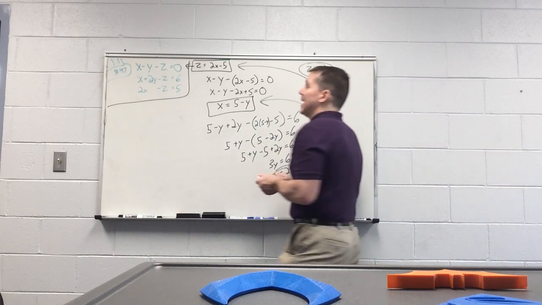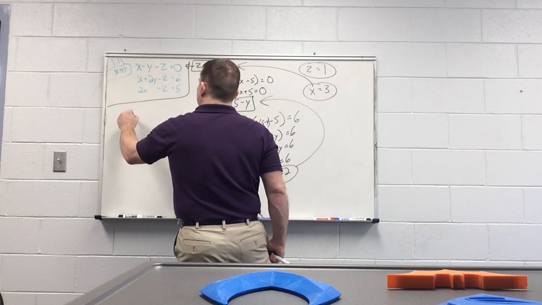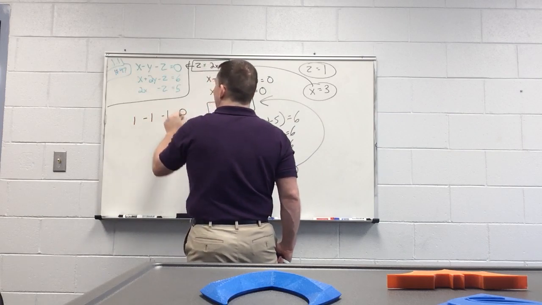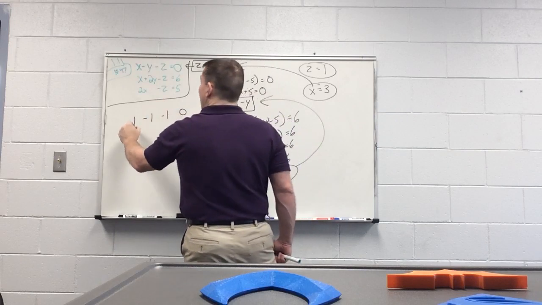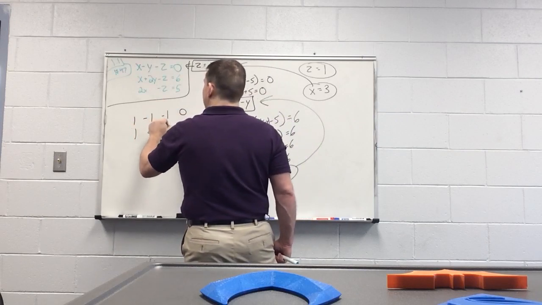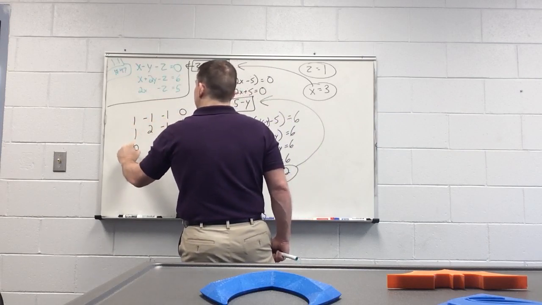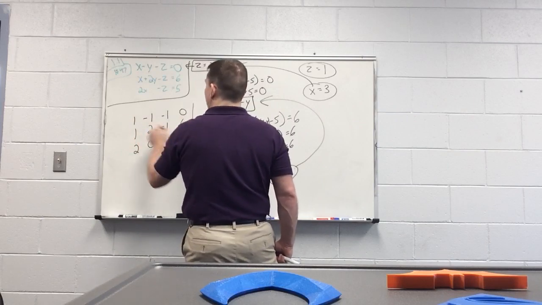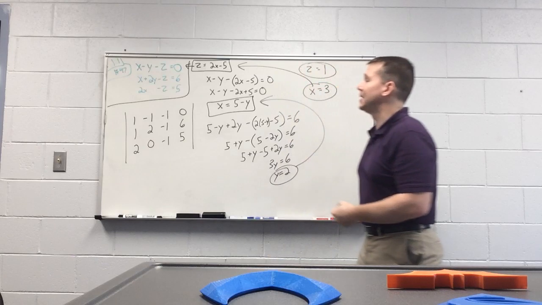But we also understand, if I wrote this as a matrix, that would be 1, negative 1, negative 1, 0 with my augmented matrix. 1, 2, negative 1, 6. 2, 0, negative 1, 5. There's my augmented matrix.